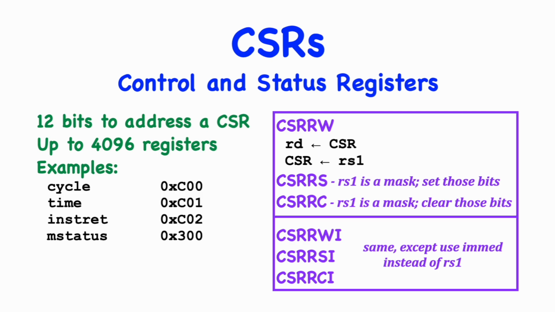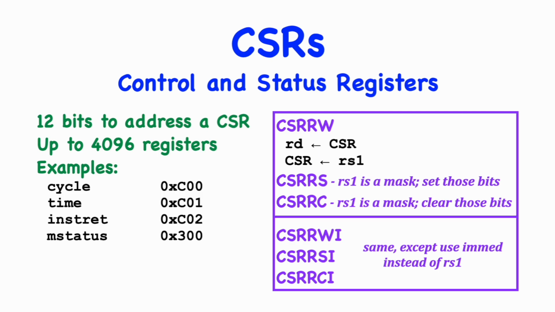Let me just mention that the RV32I base specification does not include any information about how traps are handled. And by trap, I mean both exceptions and interrupts. So this includes what actually happens when an eCall or eBreak instruction is executed.